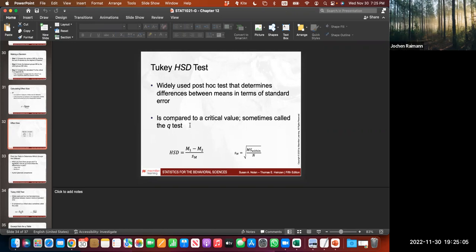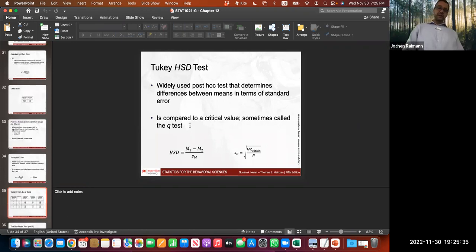You calculate for each of these comparisons your HSD-Q, your Tukey honest significant difference Q, by calculating M1, the mean of that one group, minus the mean of the other group, and here we are with hypothesis testing, right? Divided by a standard error of the mean, which you quantify with your variance divided by your sample size. That gets you to HSD-Q.